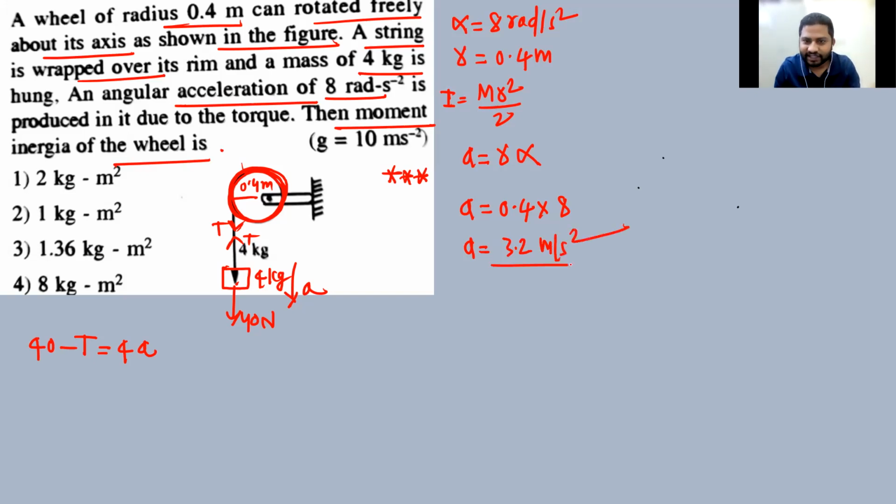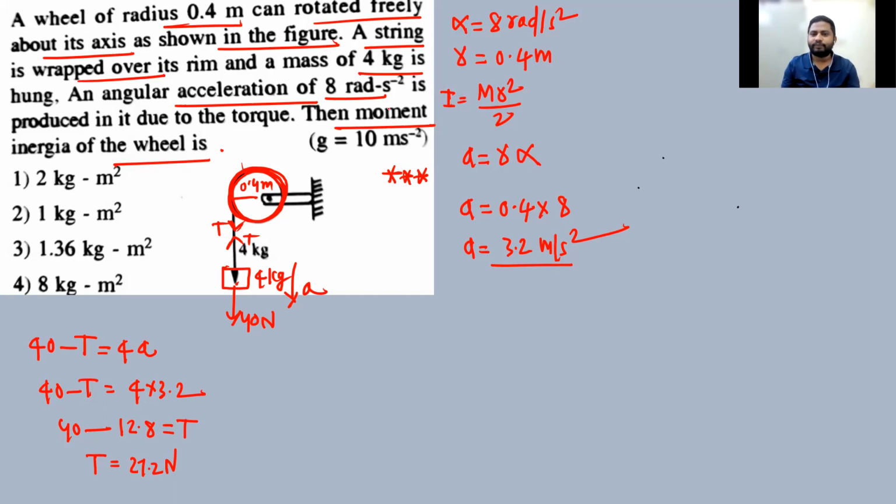So this acceleration you can substitute here. 40 minus T is equal to 4 into 3.2. So 40 minus 12.8 is equal to tension. From here, tension I can write as 27.2 newton. Good.